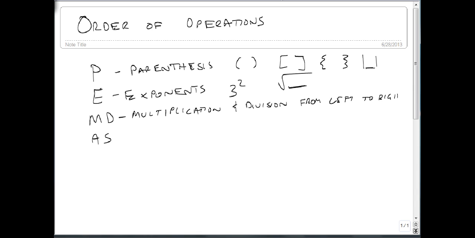Whichever appears first, a multiplication sign or a division sign, that's what we do first. Finally, we deal with addition and subtraction, and again, this happens from left to right.